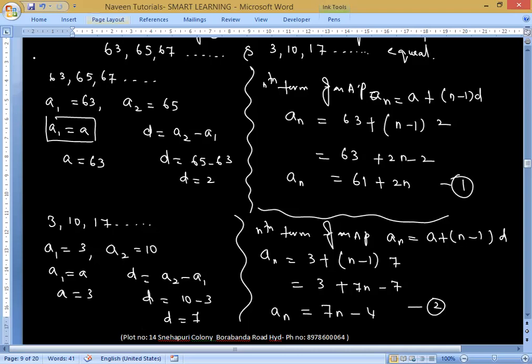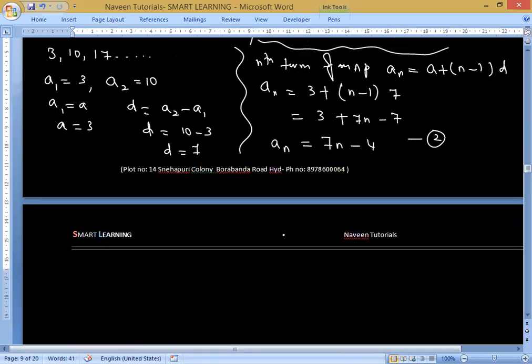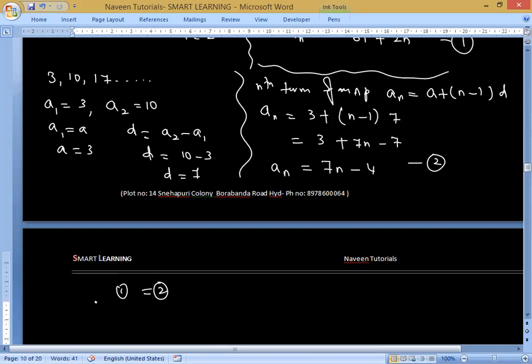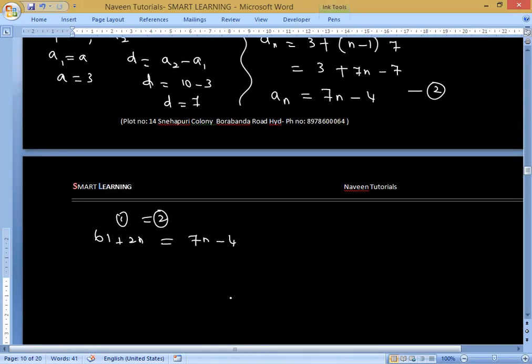Right? So first equation equal to second equation, because the nth term of the first equals the nth term of the second. So 61 plus 2n is equal to 7n minus 4. Right? Okay, now I'll move 2n to the right hand side and minus 4 to the left hand side.